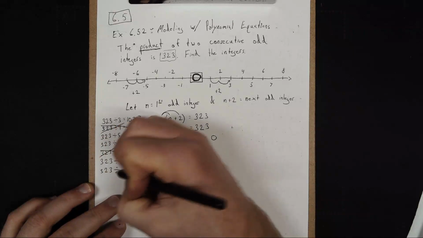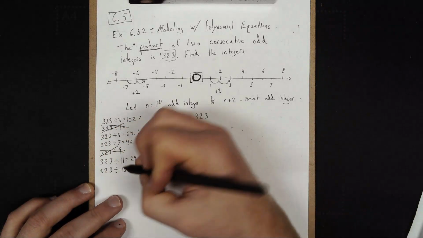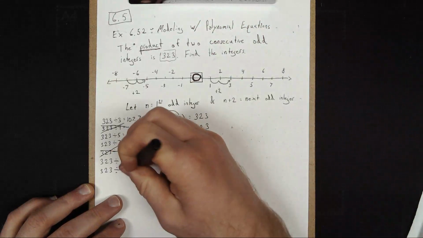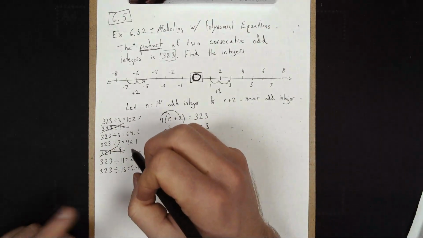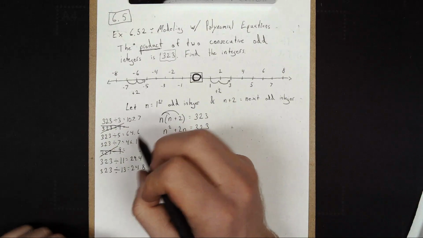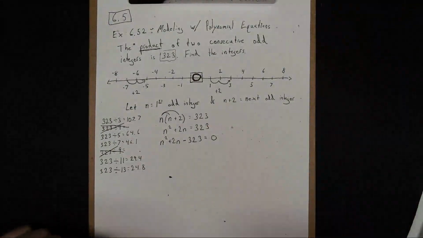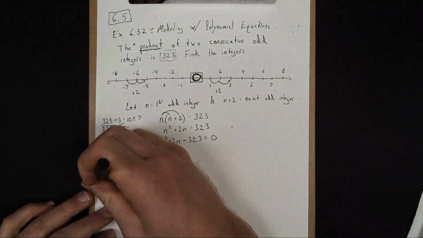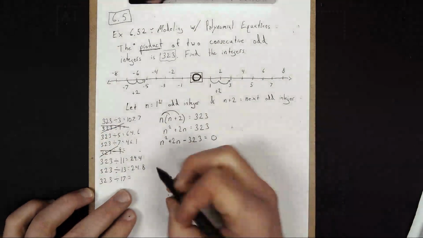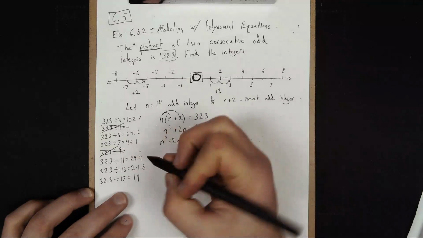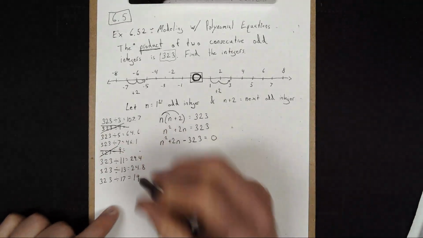Do 12? No. 323 divided by 13 is going to be 24.8. We don't do 14 because that's even. We don't do 15 because that's not prime. We don't do 16 because that's even. 323 divided by 17, though, gives us 19. We have our lucky winner.